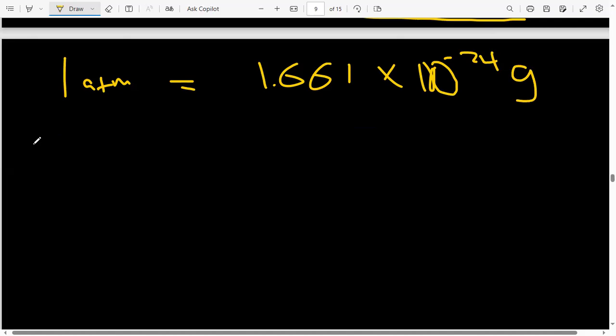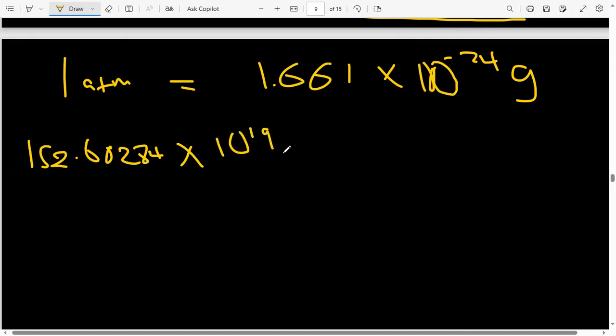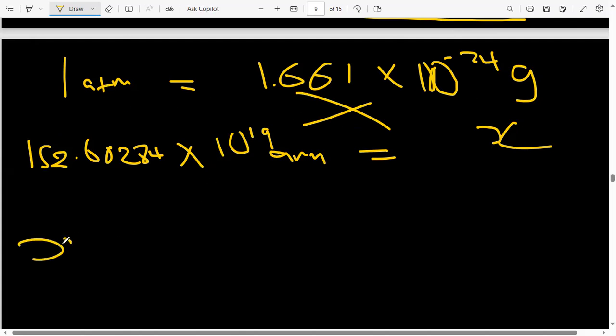What about the number that I have now, which is 152.60284 multiplied by 10 to the power 19 atomic mass units? These are going to be equal to how many grams? So you cross multiply there. This multiplied by 1 is just going to give me x, and x will be equal to this number multiplied by that number.